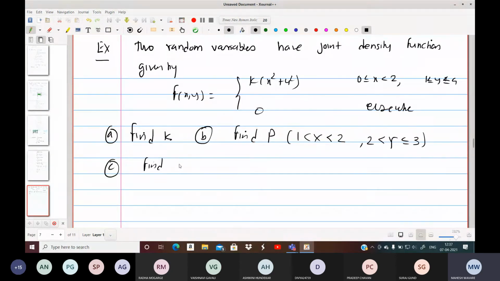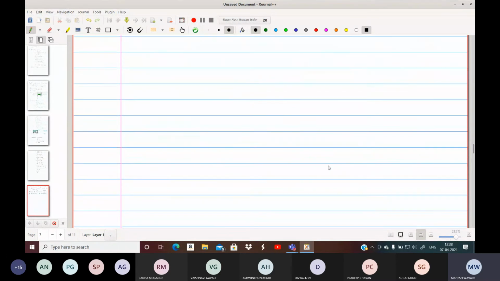Find the probability of x in that range, where y can be anything. y has limits minus infinity to plus infinity. Find the probability of x plus y greater than 4. Okay, I will draw this first.